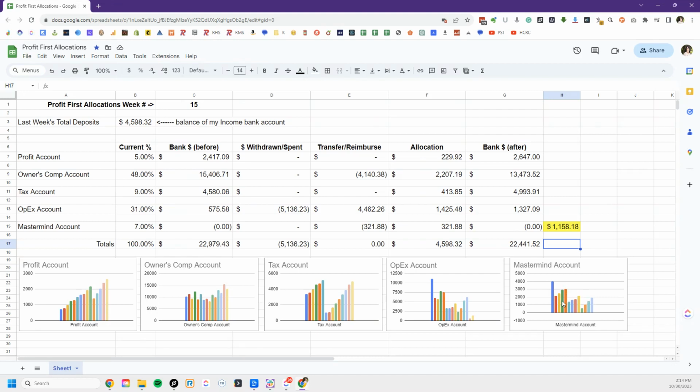And it's all paid on my credit card. So at the end of the month, when I get my credit card statement, I go ahead and pay the credit card, but then I go through and review it, and anything that I can tie back to my mastermind, I add that amount up on that credit card statement, and I make sure that I replenish and reimburse the OPEX account for any of my mastermind expenses.